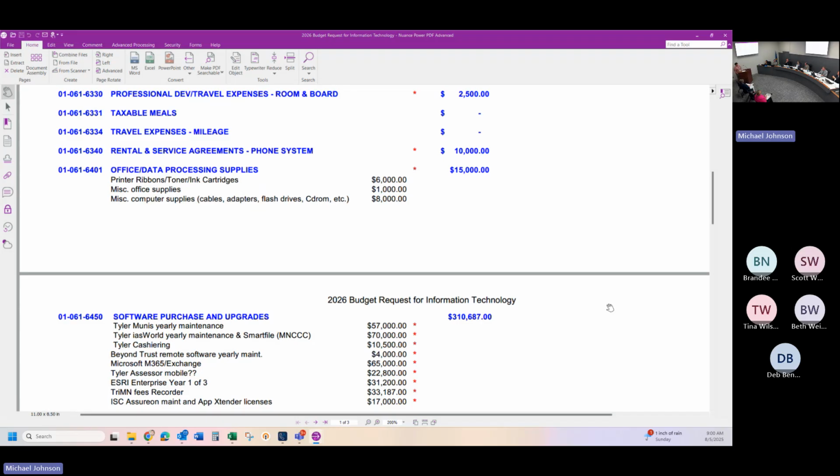That was purposeful because it was harder to keep track of it countywide, and there was some redundancy happening across departments because everybody was ordering toner, for example, or paper, or what have you. So a lot of these things in Judy's budget weren't there a few years ago, and we inflated the IT budget.